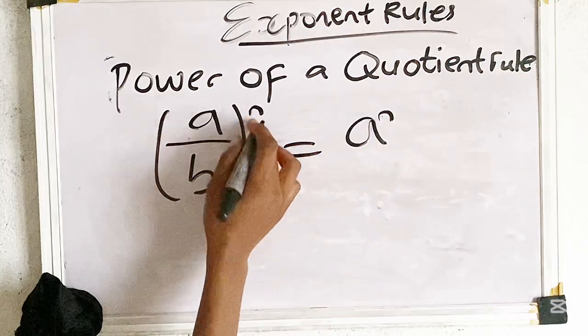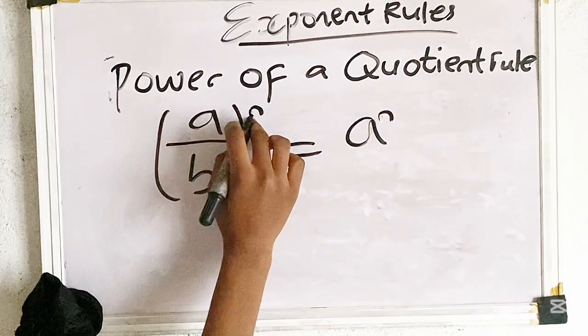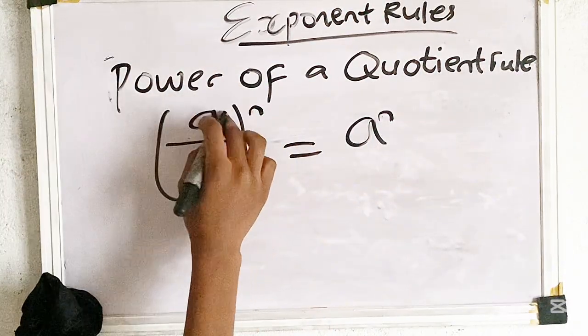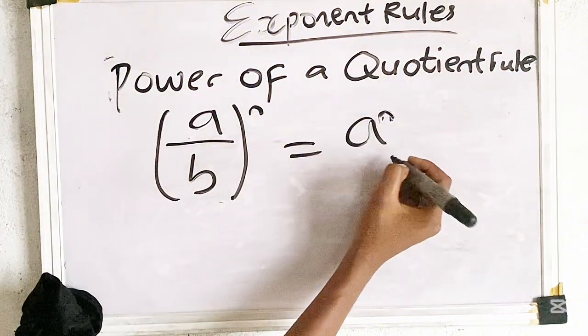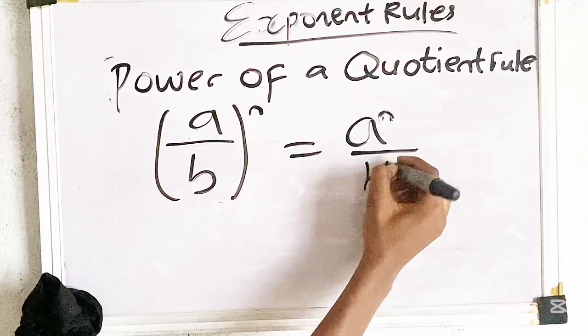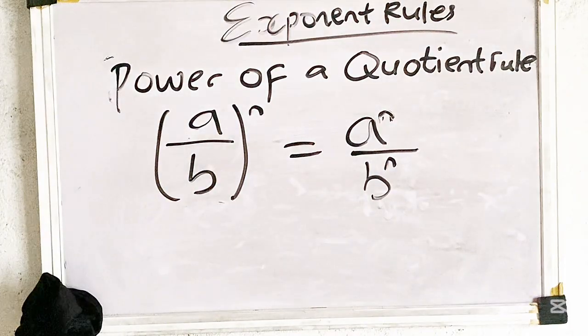This means that this exponent belongs to a and also belongs to b, which means a raised to the power of n over b raised to the power of n. Simple, right?